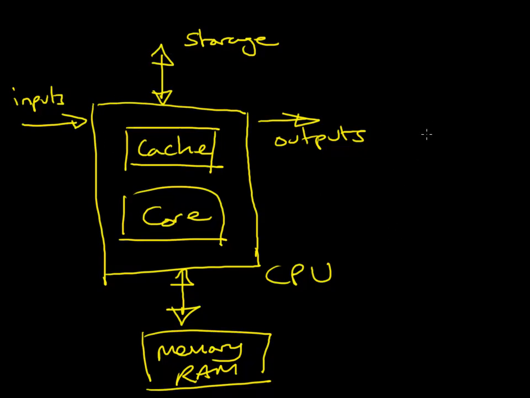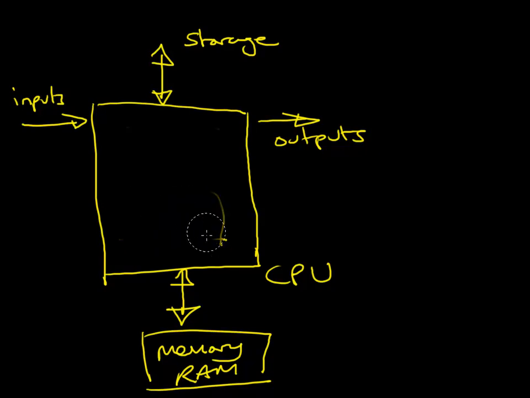The design only changes slightly, so the only difference on the design with a multi-core processor is that instead of having it where you've got 1 core underneath, all that's going to happen is that you are going to have 1 core and then you're going to have a 2nd, 3rd, 4th core.